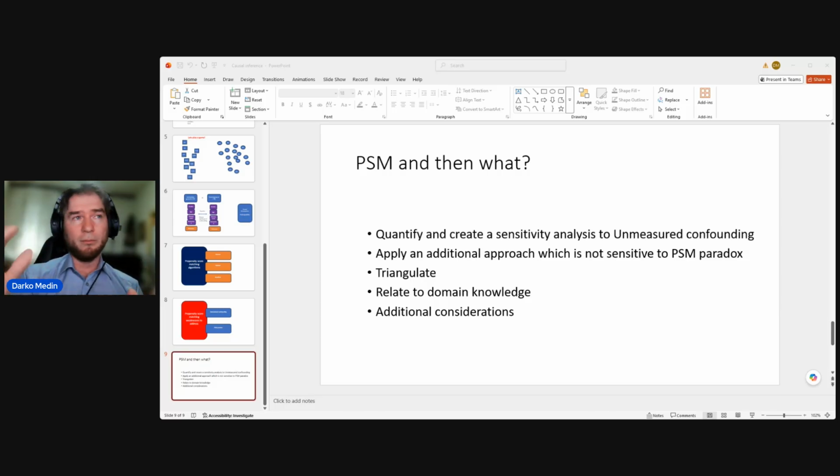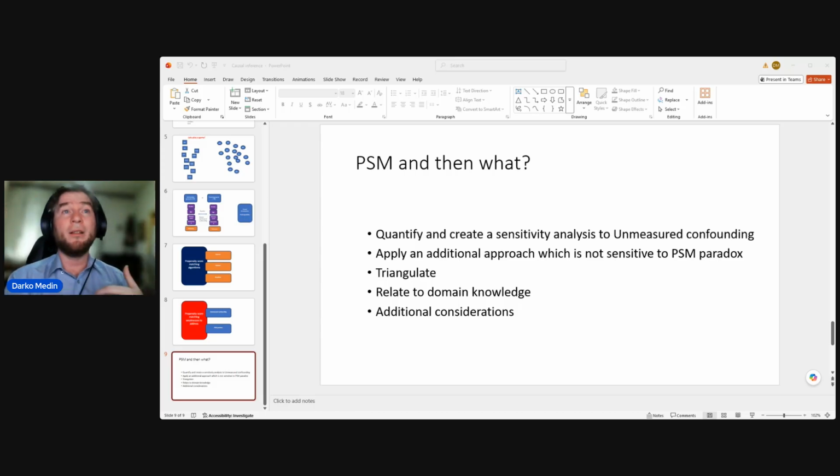If we use matching with replacement, there is the problem of unmeasured confounding. There's the problem of the PSM paradox. Sometimes we could have other problems as well, like choosing a wrong algorithm, right? So after we complete the PSM analysis, we have to address each of these. One of the best ways is to do sensitivity analysis.